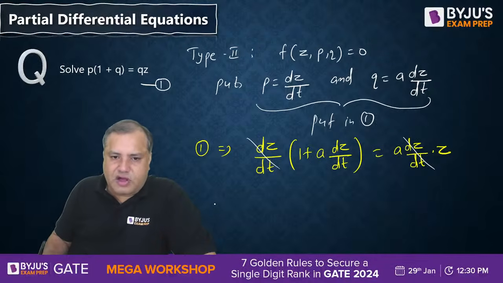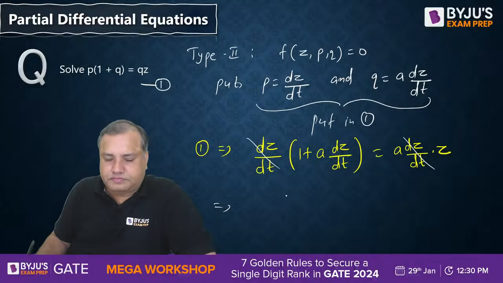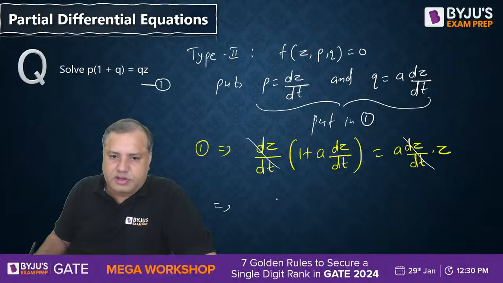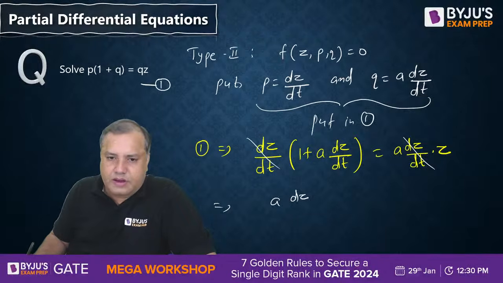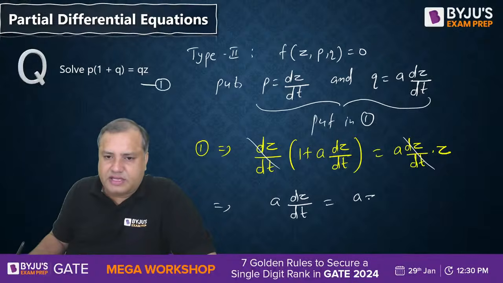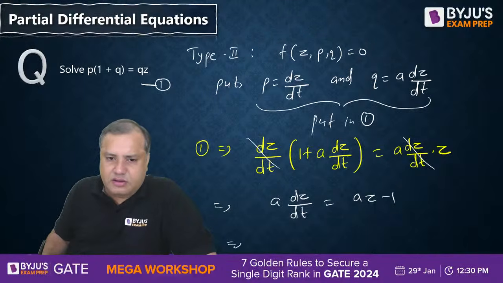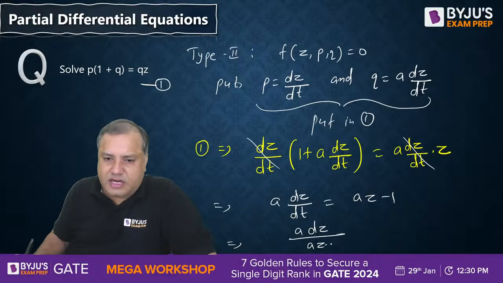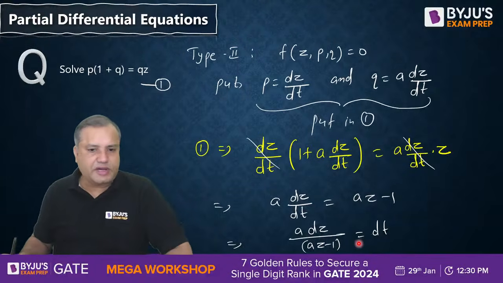So what is left now? It is 1 plus a dz by dt equal to az minus 1. Separate the variables. Now dz upon az minus 1 equal to dt. Variables are separated.